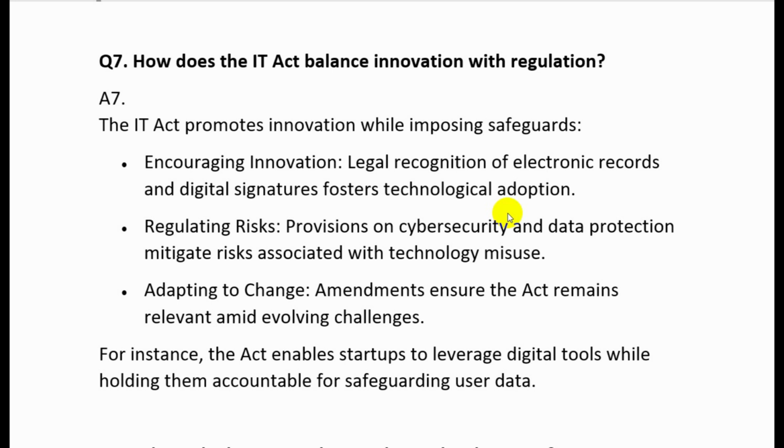Adapting to change: amendments ensure the Act remains relevant amid evolving changes. For instance, the Act enables startups to leverage digital tools while holding them accountable for safeguarding user data. So, this is how the IT Act balances innovation with regulation, that is, encouraging innovation, regulating risk, and adapting to changes.